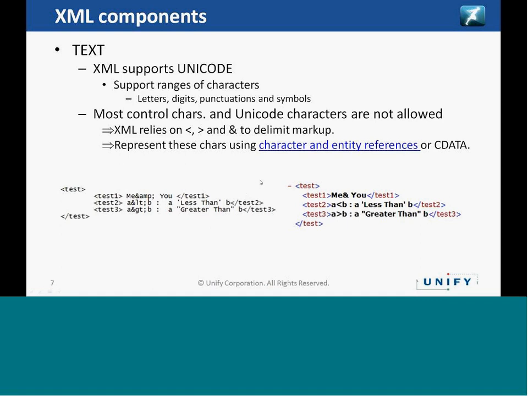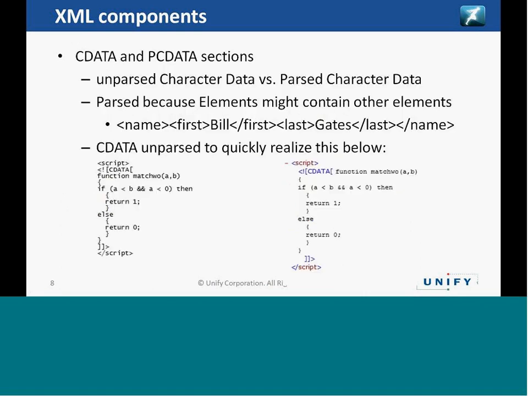It's a kind of way of escaping. I don't know if the technical term is correct here for XML. So instead of using entities all over the place, if you need to put in a section that must not be parsed, you're going to use CDATA, which stands for unparsed character data, versus parsed character data. Parsed, because an element might contain other elements.